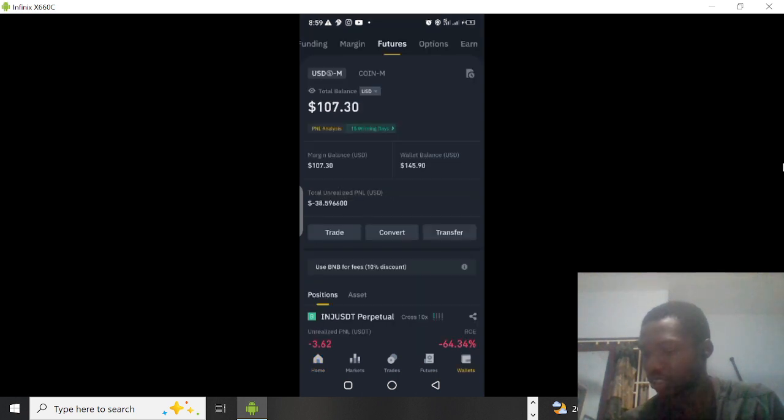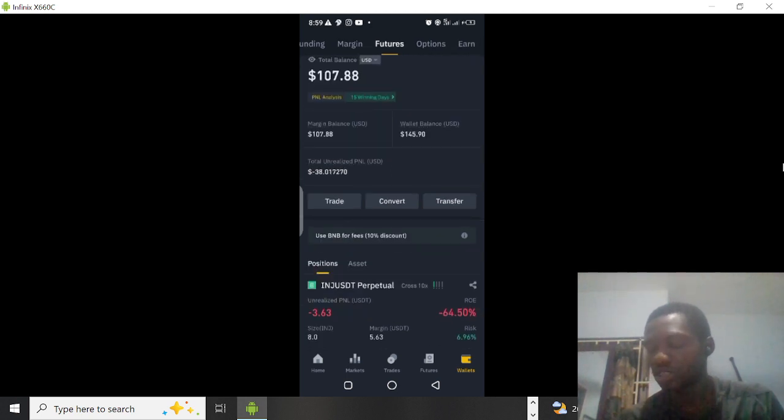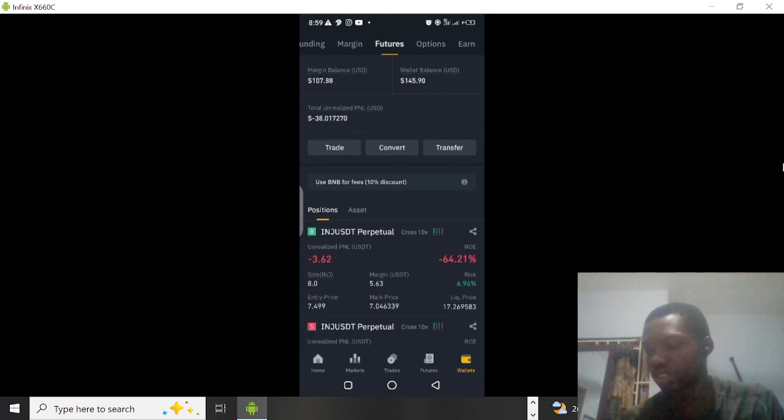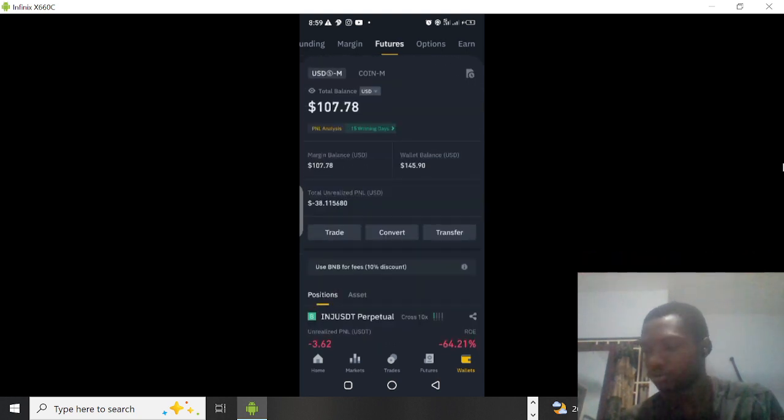But over here you can't lose your money, because your money is in your Binance wallet. Binance is one of the most secure crypto exchanges where you keep your money, and then you just connect to the bot, and the bot starts making profit for you. So that's how it works.